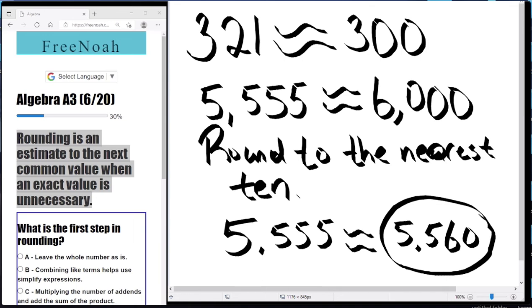On the left is the tens place value, and it's a 5. So we add 5 plus 1, giving us a 6. So in the tens place, we replace that 5 with a 6. And so basically, 5,555 rounded to the nearest ten is 5,560.